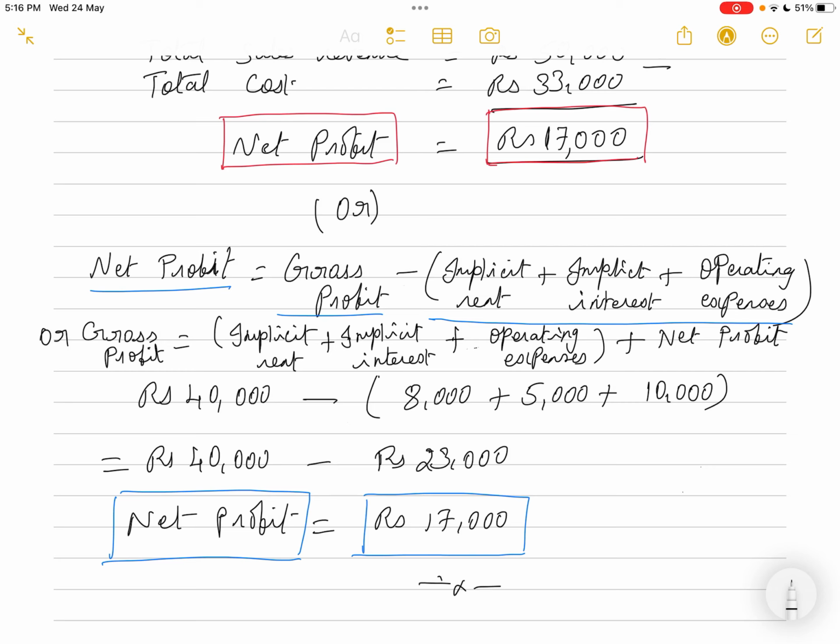So to arrive at the net profit, you deduct all these items from the gross profit. Now this is the difference between the gross profit and net profit.